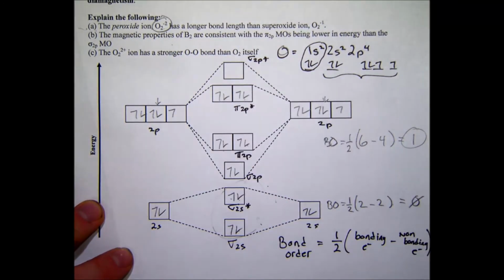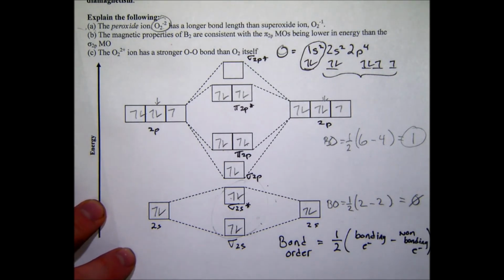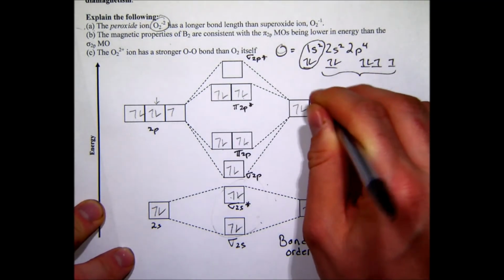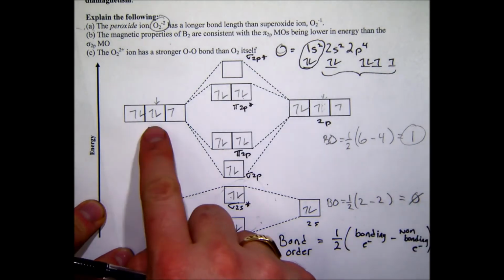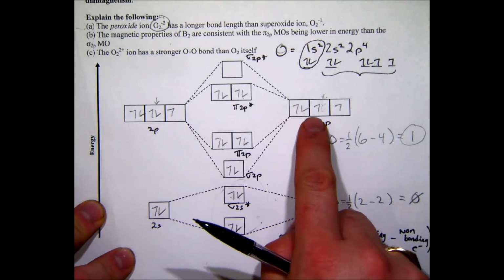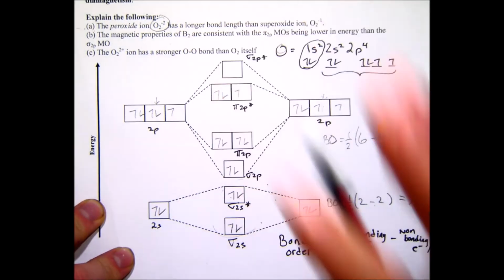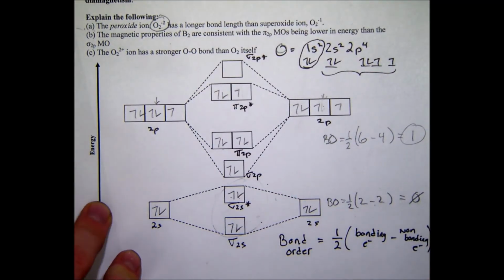If we were to look at superoxide, we would basically just be removing one electron. So without doing all this again, I'm just going to take that extra electron off the right hand side, meaning that I have 2, 4, 5, 6, 7, 8, 9 electrons. So I'm just going to take it away from the last in. If you take one away, you take the last one you put in away.